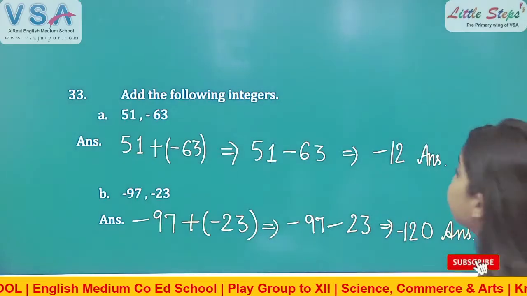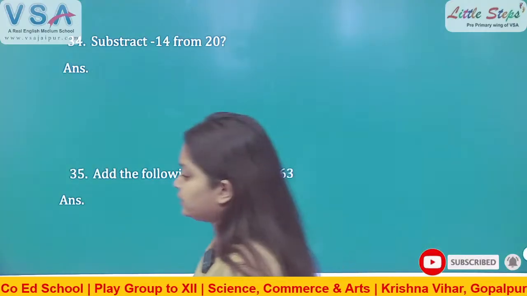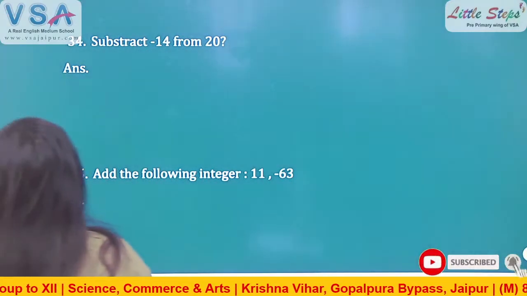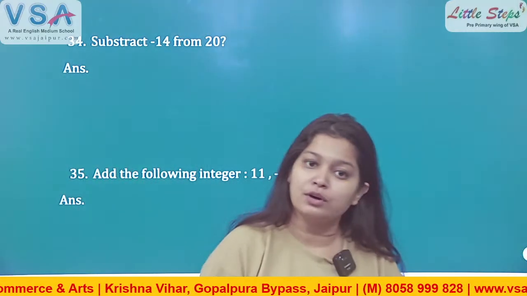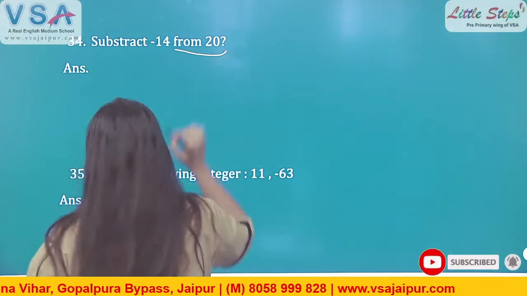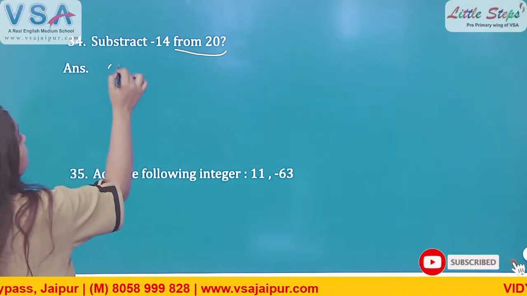Okay, clear? Moving on to the next question, the 34th question, that is subtract minus 14 from 20. As I told you earlier in your classes also, the number that comes after 'from' will automatically come first.